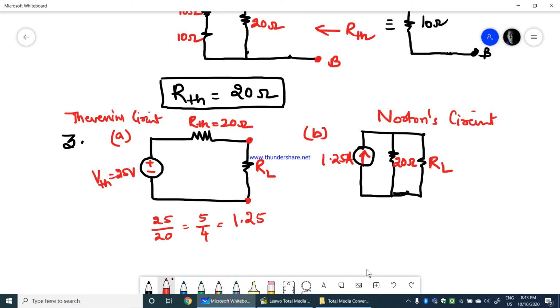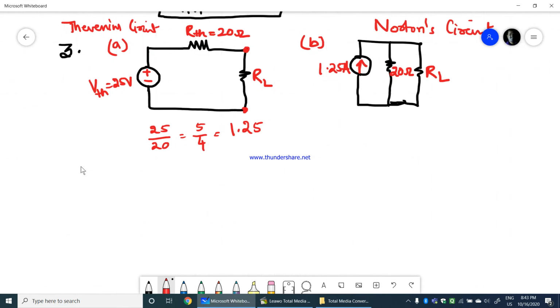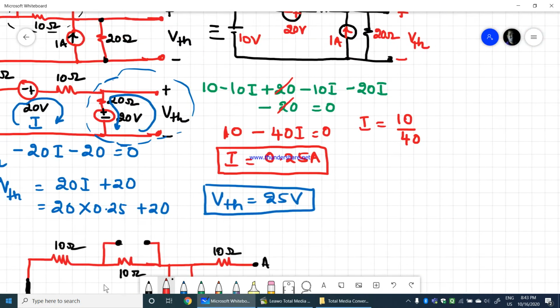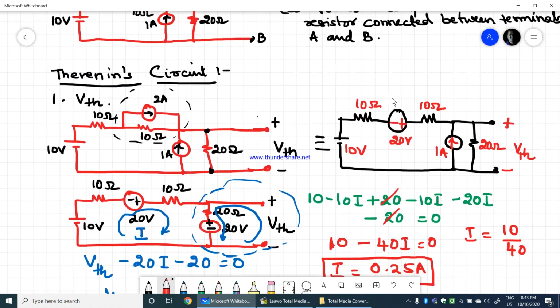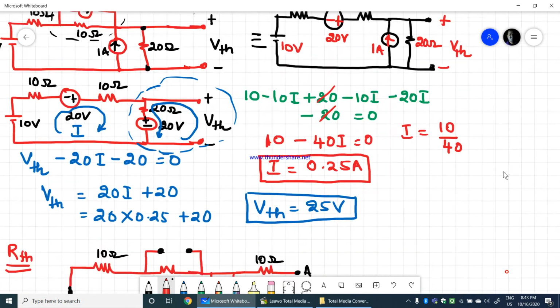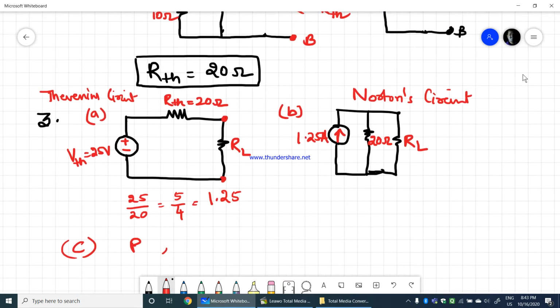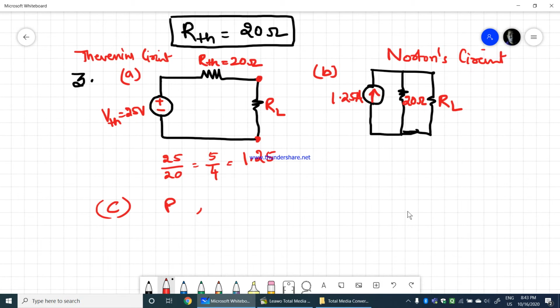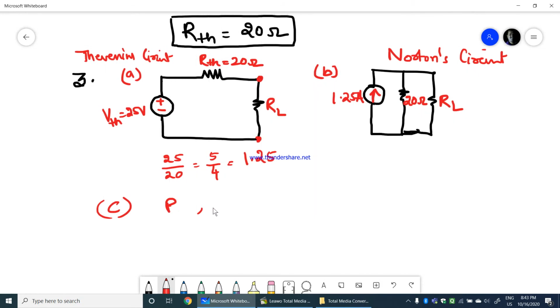Now the third part of the question is to find the power. If you go back and see the question, it asks to find the power dissipated in a 5 ohm resistor connected between the terminals. For this, you can use either Norton's circuit or Thevenin circuit, with load RL equal to 5 ohms.